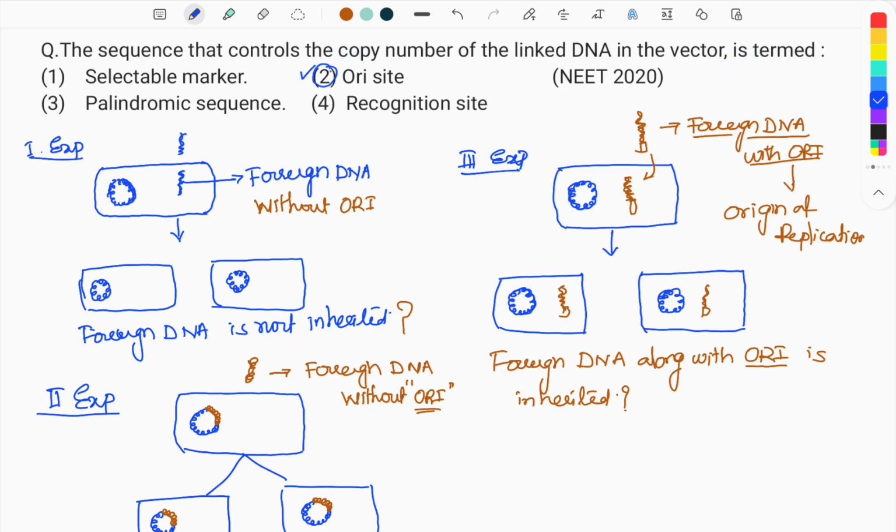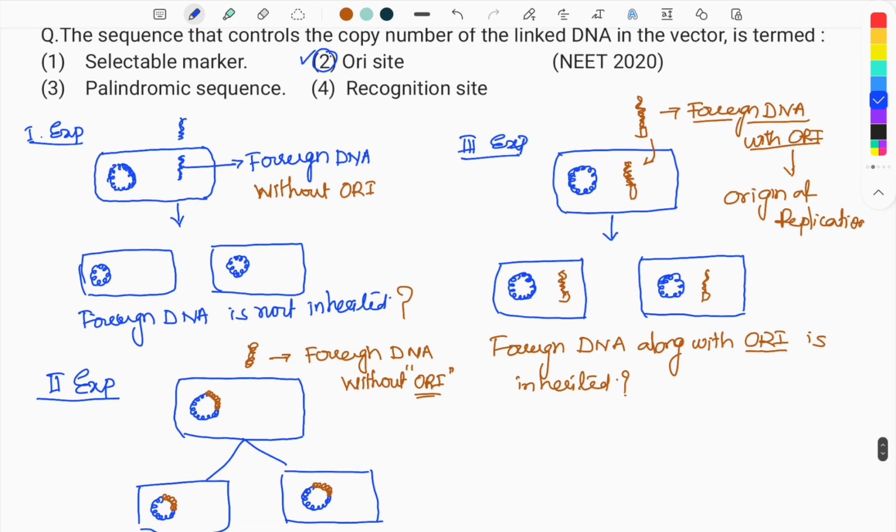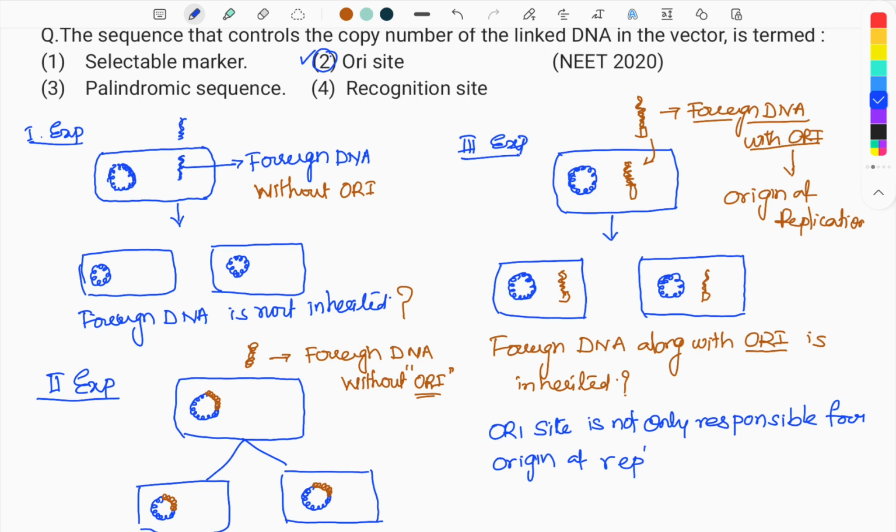Yes, the answer here is ORI. So the ORI site is not only responsible for origin of replication, but it also controls the copy number of foreign DNA in the host cell.